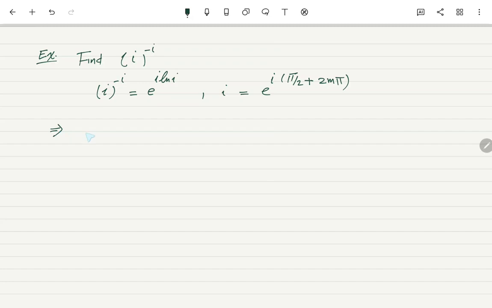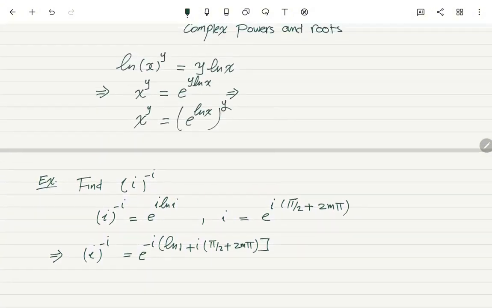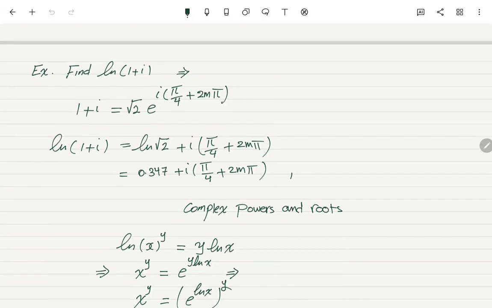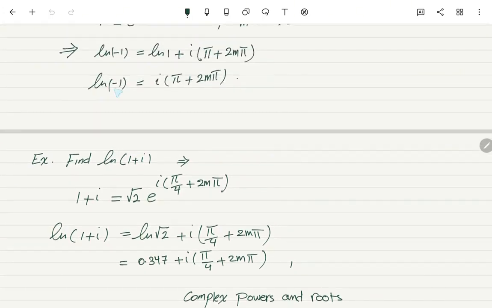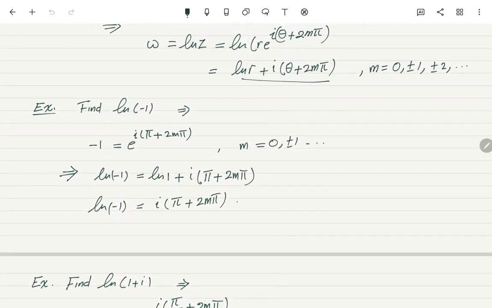Therefore i to the power minus i equal to e to the minus i times ln 1 plus i pi over 2 plus 2m pi. We just use this definition here for the logarithmic one.